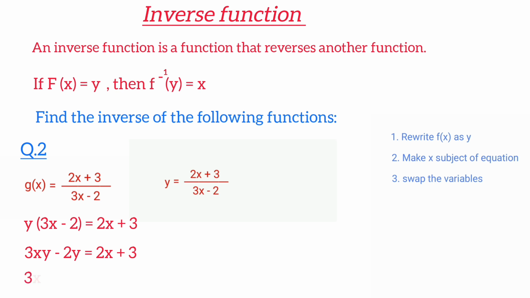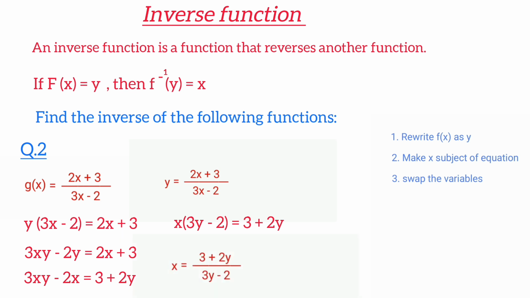This becomes 3xy minus 2x is equal to 3 plus 2y. Factorizing x, we have x into bracket 3y minus 2 is equal to 3 plus 2y. Dividing both sides by 3y minus 2, we have x is equal to (3 plus 2y) over (3y minus 2).